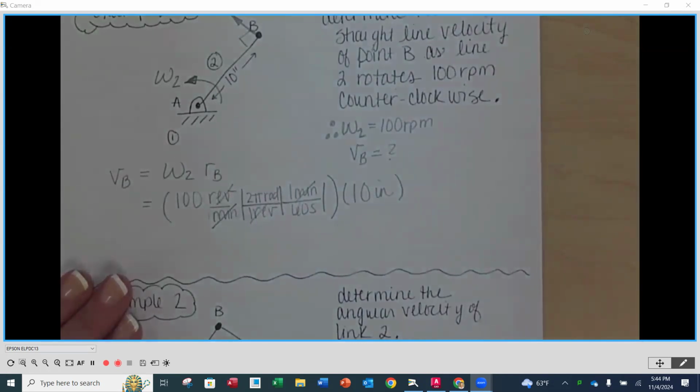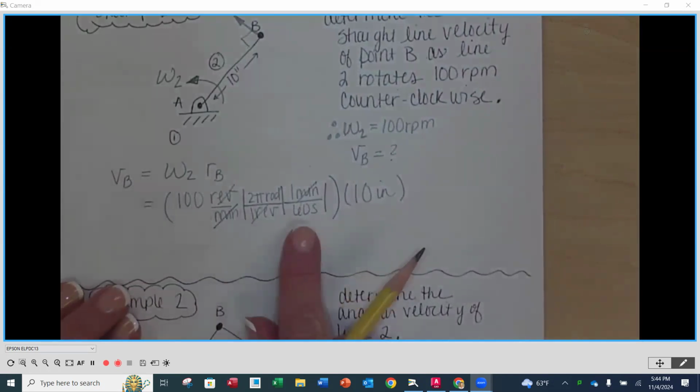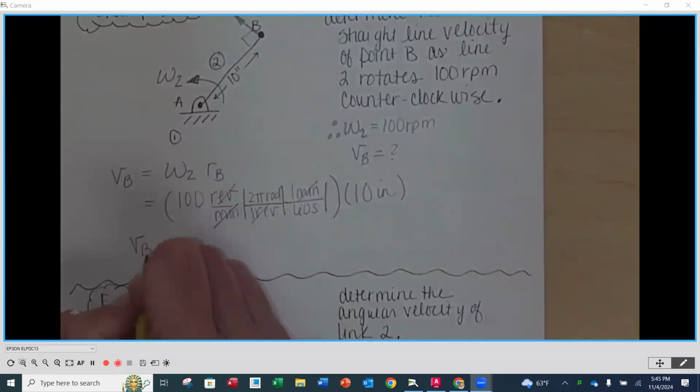You could do the conversion ahead of time and then just use the number in radians per second with its units in the problem, or you could just show the complete conversion right here inside. And you know that this is conversion because it has the vertical lines instead of parentheses. Does that make sense to everybody? You've probably seen this in other places as well. So what is my velocity of B?